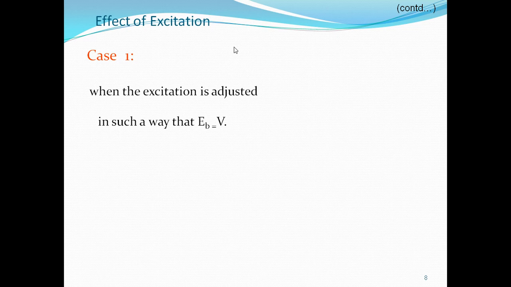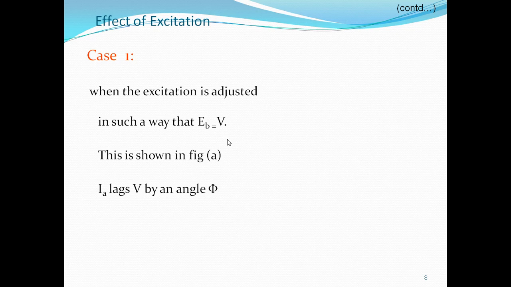Understood? So, let us consider a synchronous motor with constant load, and when excitation is changed to some particular value, EB is equal to V. This condition is called normal excitation.